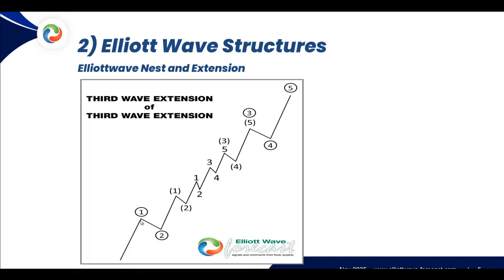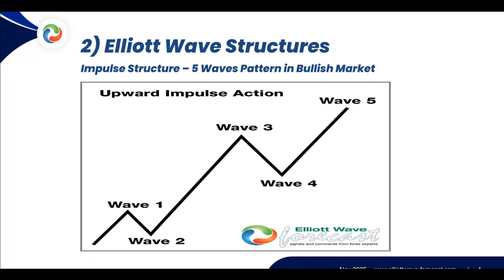The target is a minimum of 1.618 in relationship between 1 and 2 in order to finish wave 3.